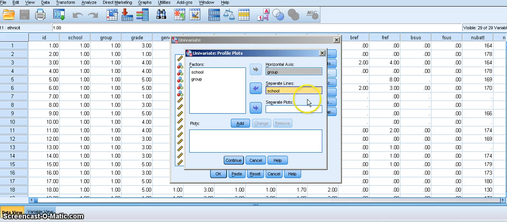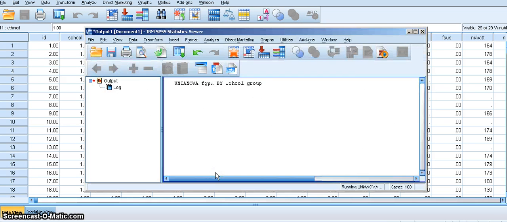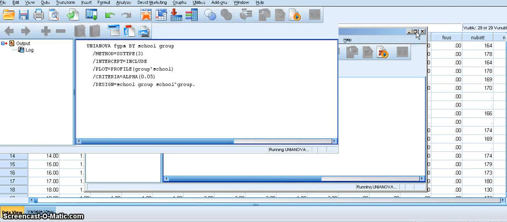And these don't really go in certain order. You can flip them around. And we can click Add. So that's the plot that we're gonna see. It's grouped by school. And for now, we're gonna click OK. And here's our output.